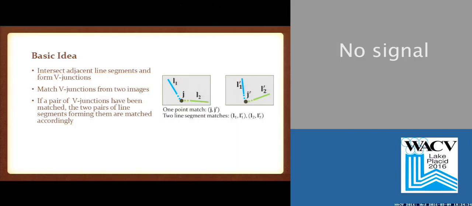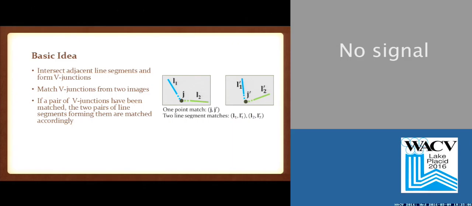If we get two corresponding V junctions from two images, the two pairs of line segments forming the two V junctions can be matched accordingly. For example, referring to the figure on the right, we intersect L1 and L2, generating the V junction J on one image.